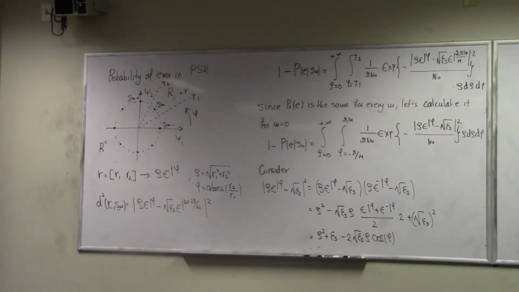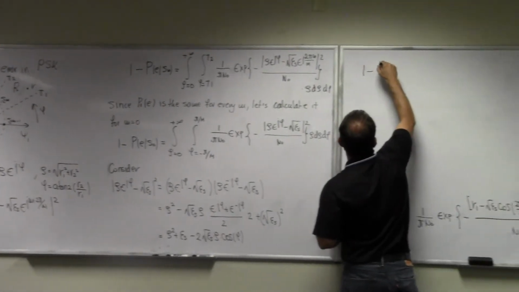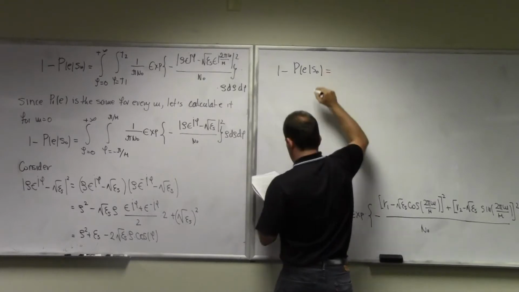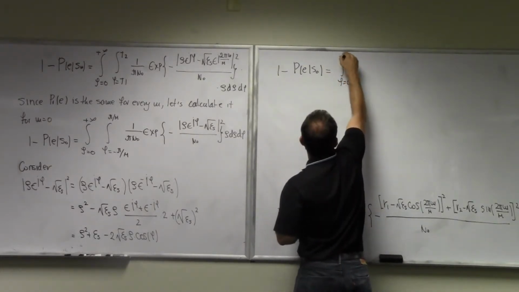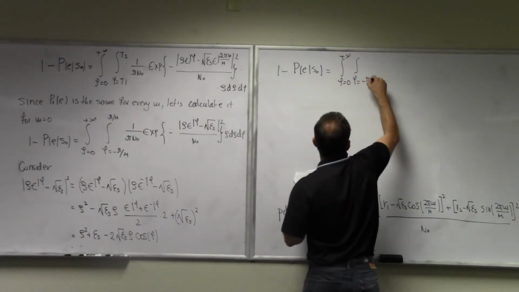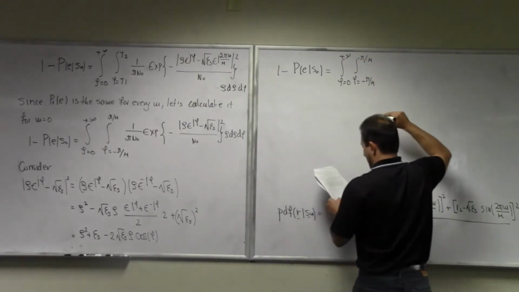Now if I plug this into the expression, I get 1 minus probability of error given S0 equal to the integral where rho goes from 0 to plus infinity and phi goes from minus pi over M to pi over M.